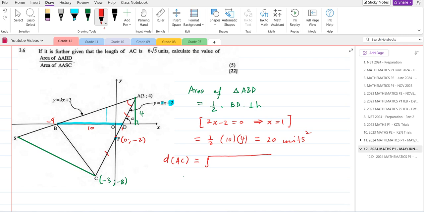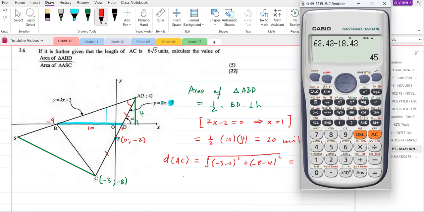So what's the distance of AC? The distance of AC is the square root of -3 all squared plus -8 minus 4 all squared, distance formula guys. Right, so I'm just going to put this into the calculator. That is -6 squared, which is 36, plus 12 squared, 144. Right, so I'm getting 6 root 5.